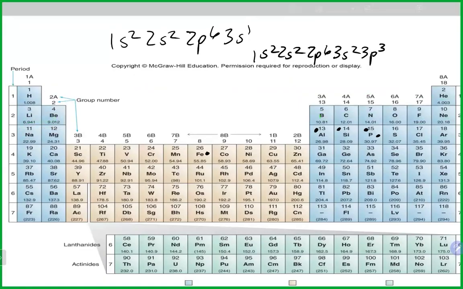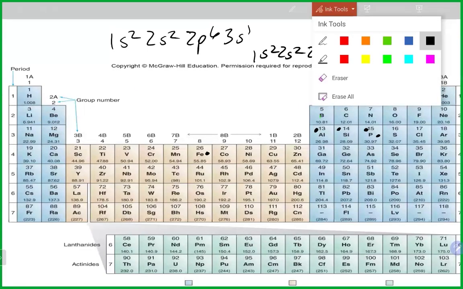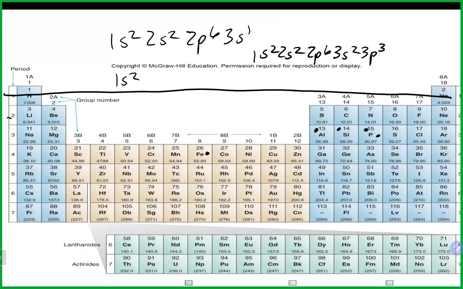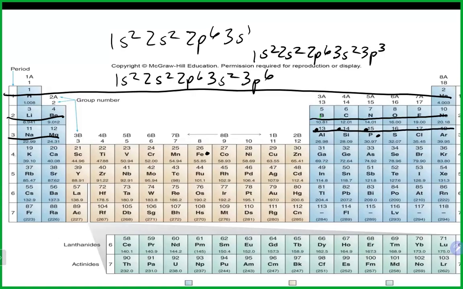If we're going to do iron, we'll start again at the top, 1s2 to helium, 2s2 there. This is still on the second period, and that's the p, so 2p6 all the way to neon if you count the boxes. 3s2, 3p6 all the way there, 4s2, which is good.